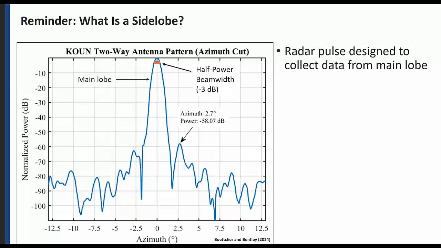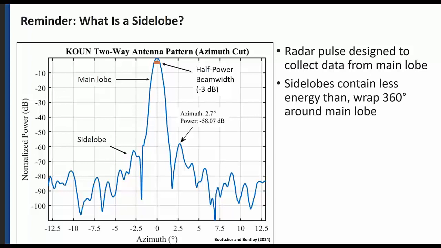And when that wave pattern is designed, it's designed to maximize the data that we see in the main lobe of the radar. So I even have a little area there near the top demonstrating where the half power beam width is, which cuts off at about a 3 dB drop from the maximum. And so that's the data that we're really trying to capture in the radar data. But just in terms of the radar meteorology and just the building of the system, you are going to naturally get these little side lobes at lower power.